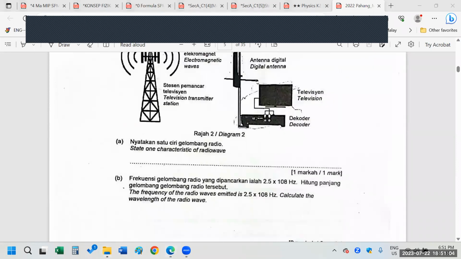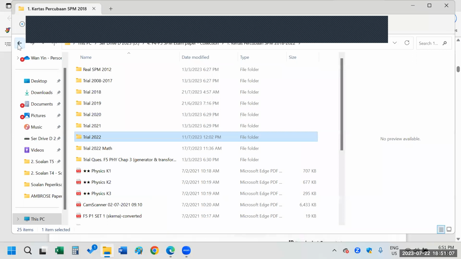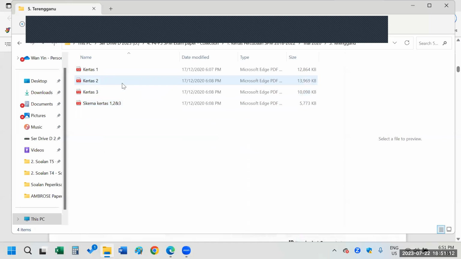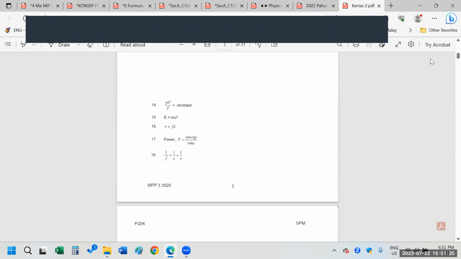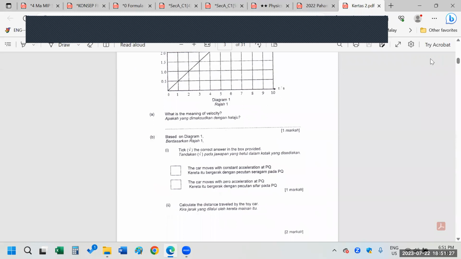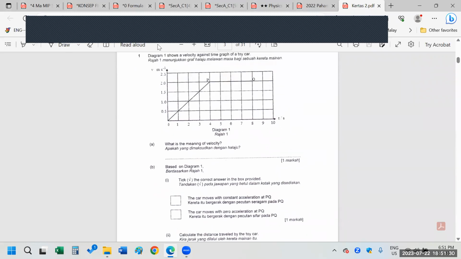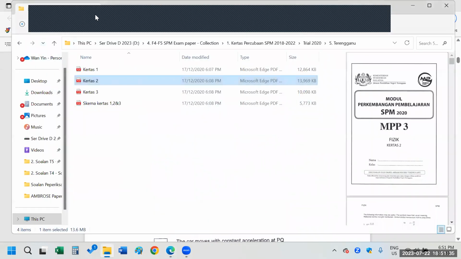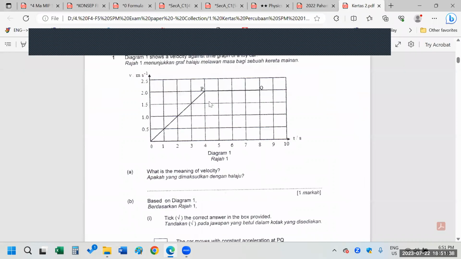Oh, sorry, not this. Oh, and normally the first question would be this kind of graph. I cannot find any.